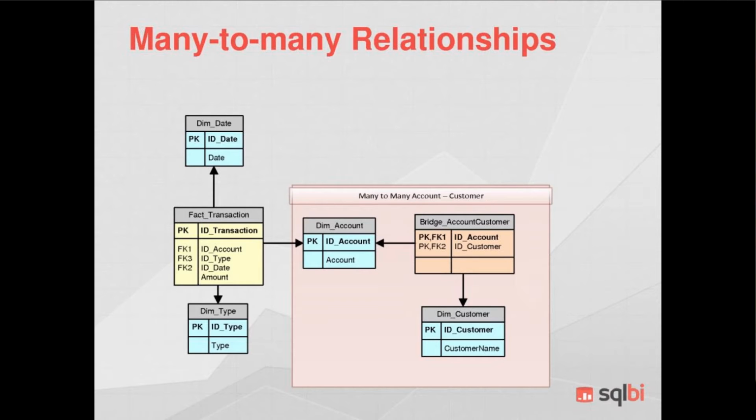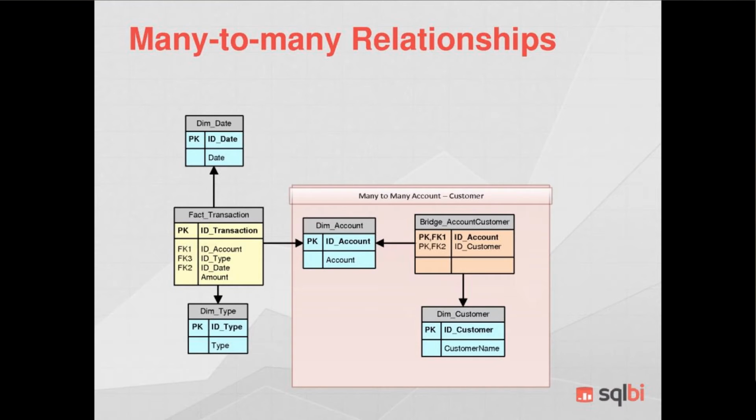The typical way of modeling it is to put a bridge table in the middle, so you can repeat ID account and ID customer on this bridge table, and this states that a single account is owned by many different customers. That's a classical way of modeling many-to-many relationships. The problem is that in multidimensional you have many-to-many relationships in the data model.